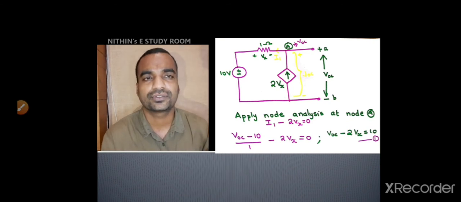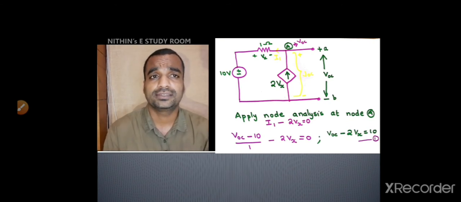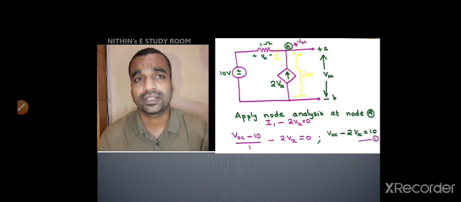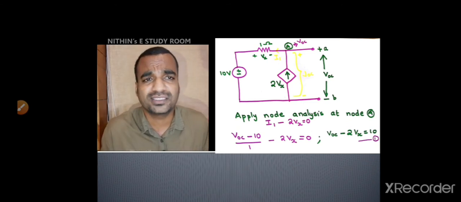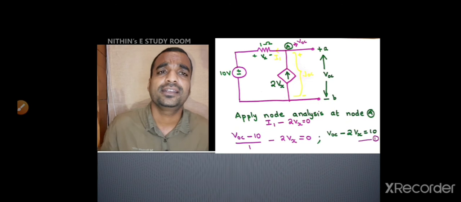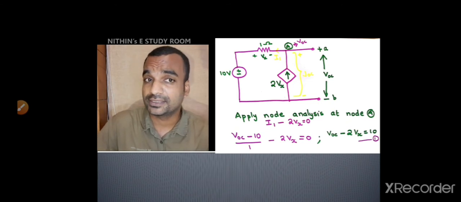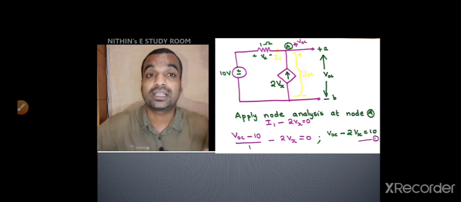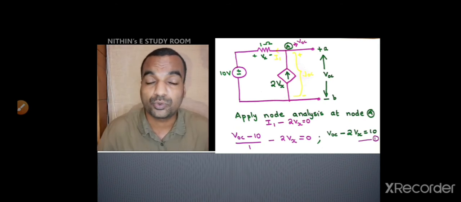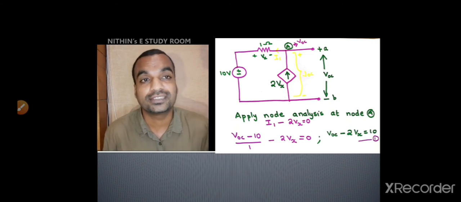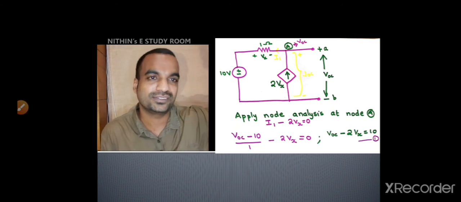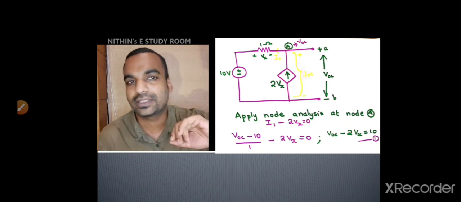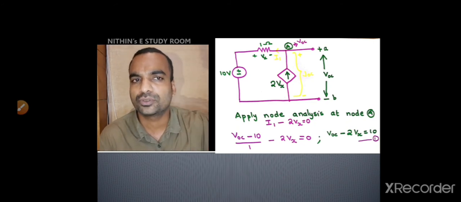So what is the equation of I1? While applying nodal analysis, we always take the node voltage as higher voltage. We don't know what the value of VOC is, but still we take the node voltage as higher. That's why I told you that you have to take all the currents going towards outside from the node. But 2Vx, because it is simply given, is coming towards the node. That's why minus 2Vx is taken. Otherwise, all the currents will be positive.